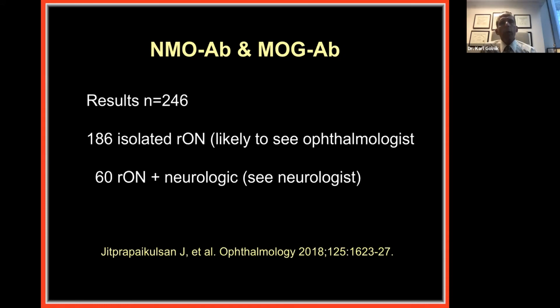They looked at the subgroups because they thought, well, of these 246 patients, some of these patients just had visual problems. These are the patients likely to come and see an ophthalmologist, whereas 186 of the 246 had just visual problems, and 60 had optic neuritis but also had other neurologic symptoms. So maybe these patients would not get to us as ophthalmologists, they might get to the neurologist.